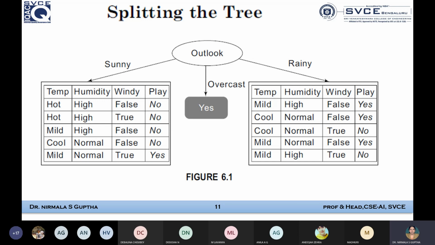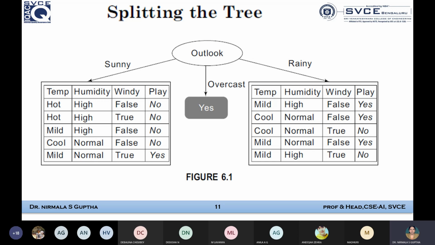What are the three variables from the content displayed in the PPT? Temperature, humidity, windy. So now we need to take the attribute as temperature. What we did yesterday for outlook, now temperature is the attribute in the first column. Now in the second column, I need to bring out the 2 or 3 rules.